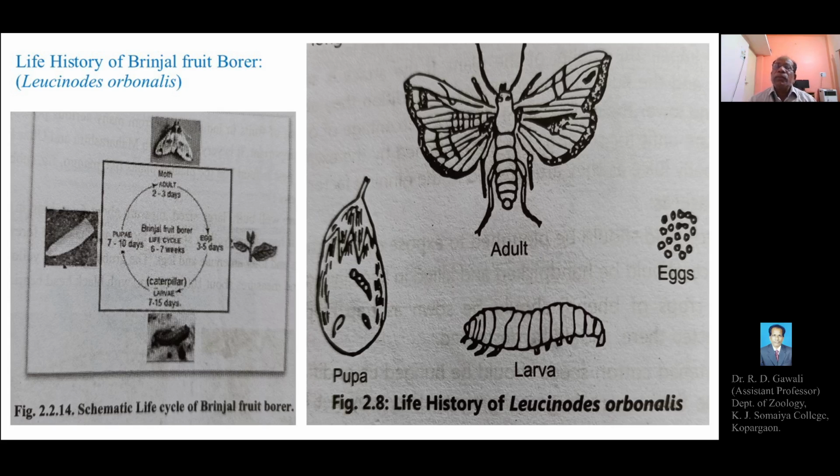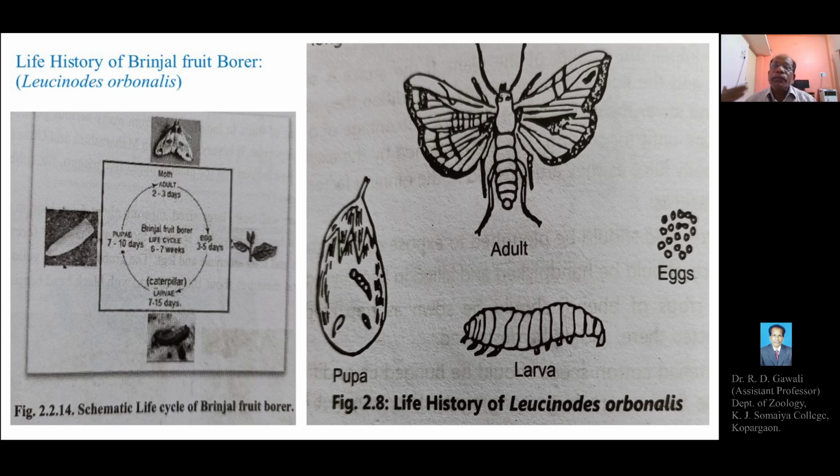Then the female moth lays about 250 eggs, 250 eggs are laid by a single female, and they remain attached to the surface of the leaves of the brinjal plant.